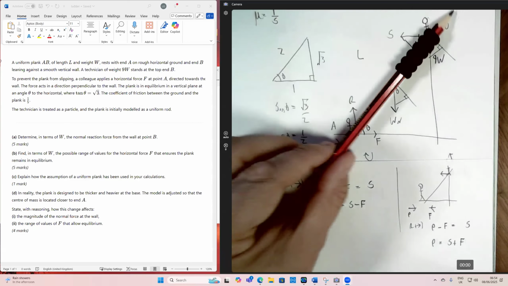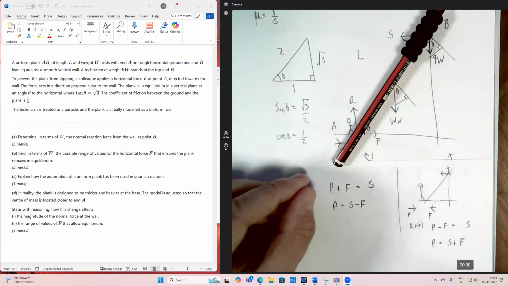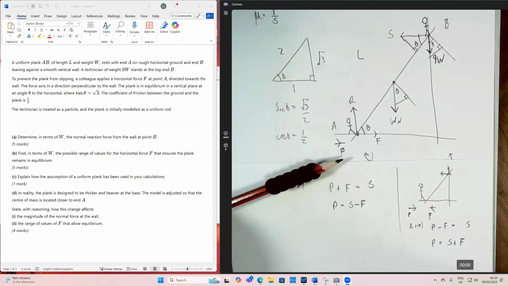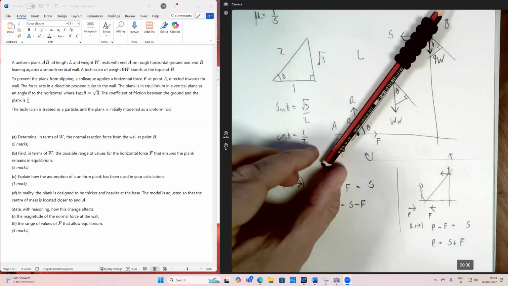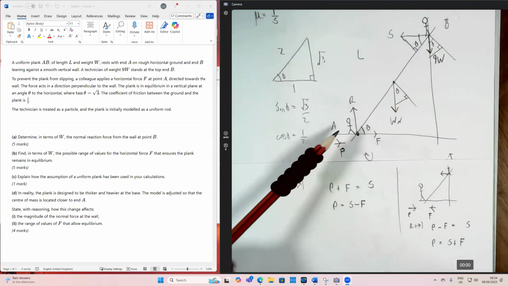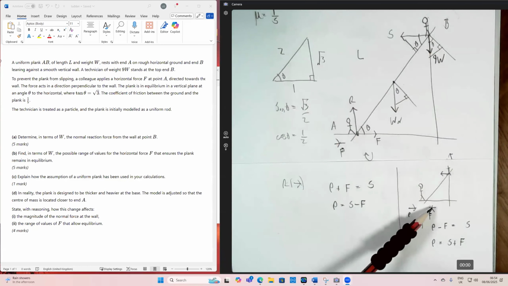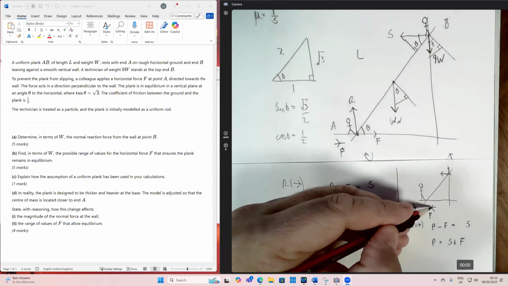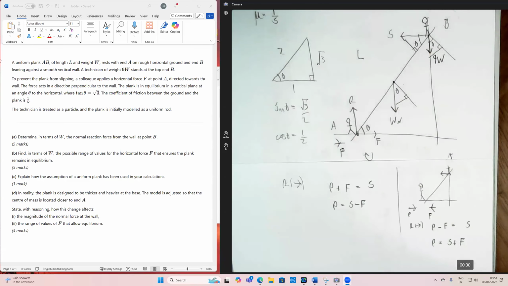But in this alternative situation, the plank's still in equilibrium, the horizontal force has been increased, and the plank's now on the point of being pushed up the wall. So as it's about to go up the wall, the friction is acting in the opposite direction to which the plank is moving or is about to move. So in other words, it's now reversed direction.